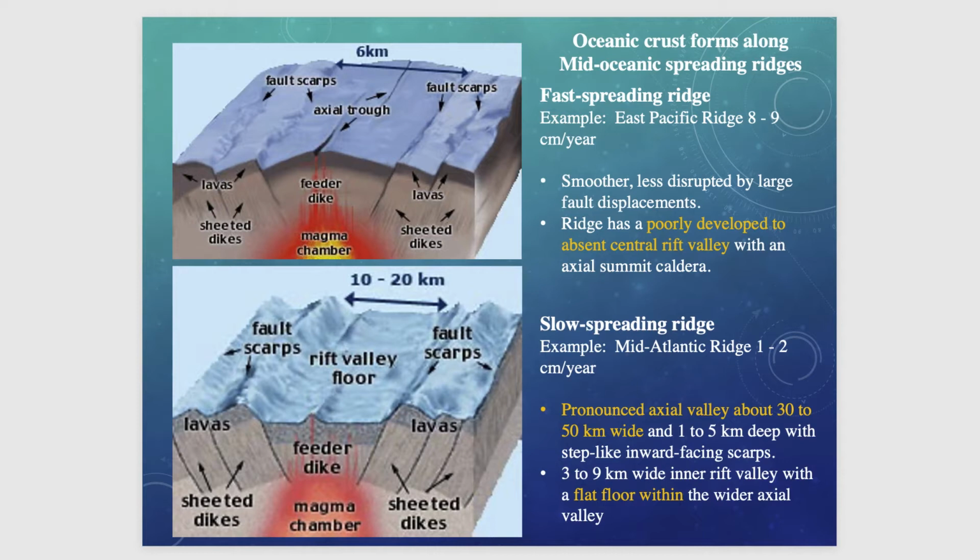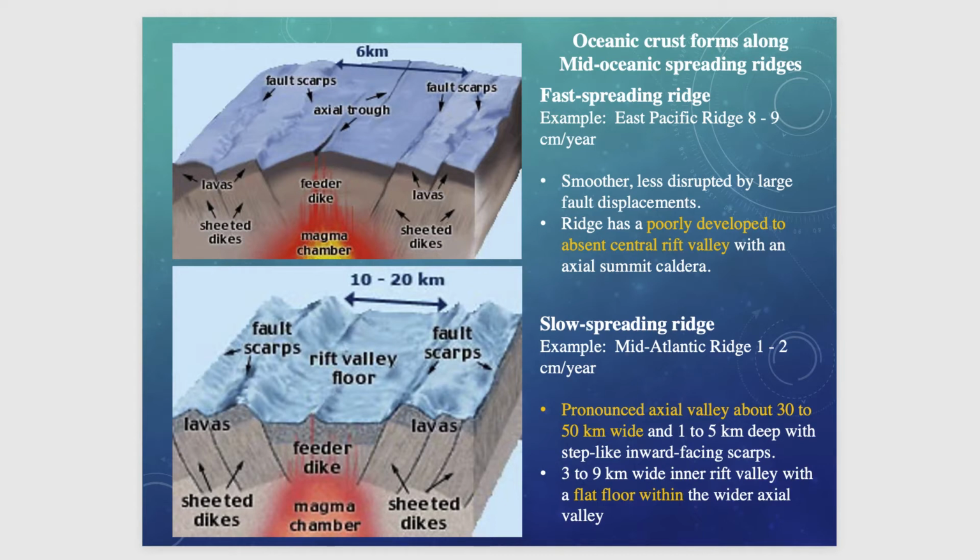In essence, usually a ridge like the Pacific ridge will be smoother, so you will have fewer offsets on the fault scarps, and also quite often you have relatively regular magmatism taking place, so it's more continuous. This is linked to the dynamic of the process.